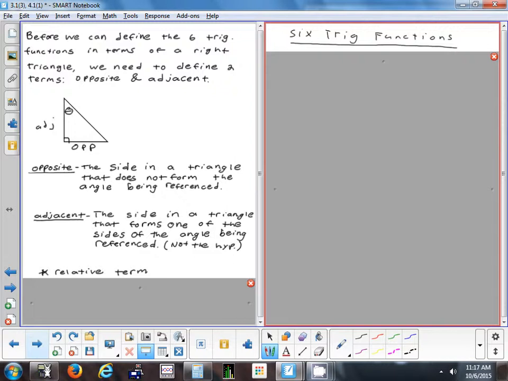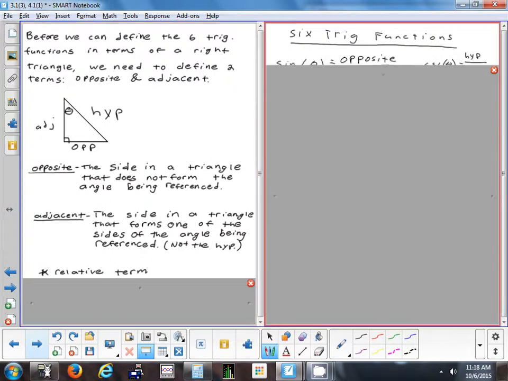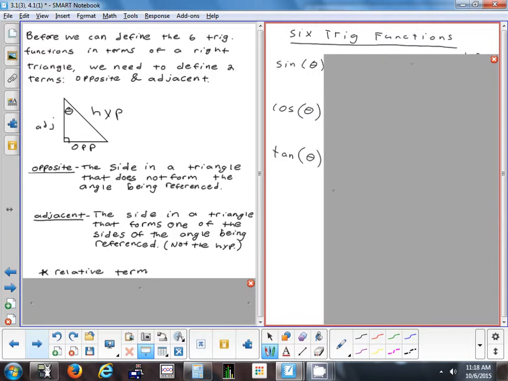All right, so now that we understand what the hypotenuse is, that's the side across from the 90, what opposite is, that's the side that's farthest away from the angle, and adjacent is the side right next to the angle, we can redefine all 6 trig functions using these 3 terms: opposite, adjacent, hypotenuse. Everybody have what's on the left?